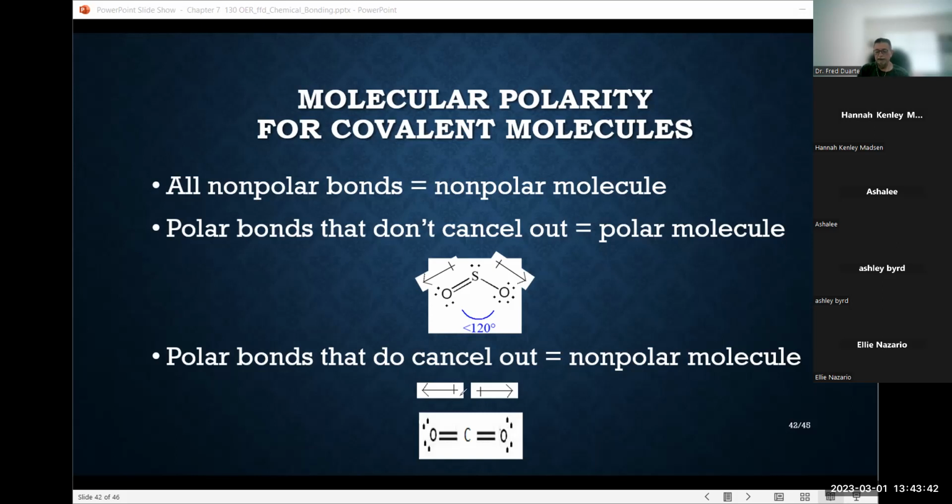And that arrow goes from right to left. Now, the thing about these dipole arrows is as follows. You won't get tested on this. I'm just giving you information about that arrow that helps you to determine whether they cancel out each other.